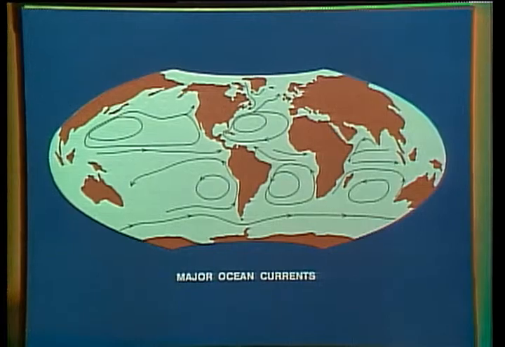Now, the three areas we're going to focus our attention on for the first part of this lecture are the Indian Ocean. We're going to look at the Indian Ocean because the monsoon systems of winds which operate over the Indian Ocean change. They, in fact, reverse from winter to summer. And this changes the circulation in the northern part of the Indian Ocean quite considerably.